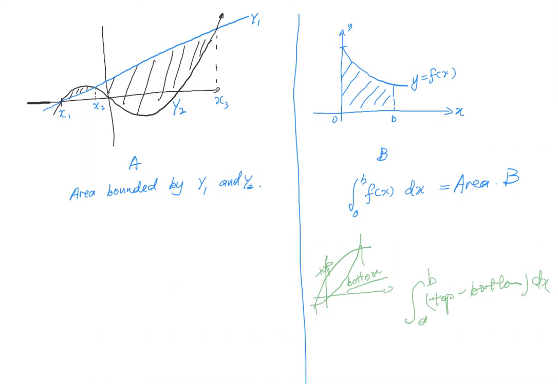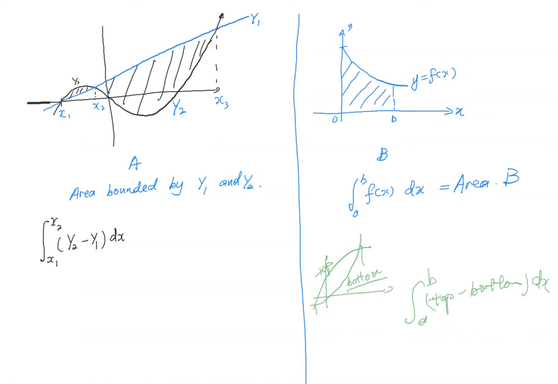So if we are talking about this, how are we going to write this expression to represent the total area of the shaded region? The first one I will write from x1 to x2. This is my top, y2. So I put y2 minus y1 dx.